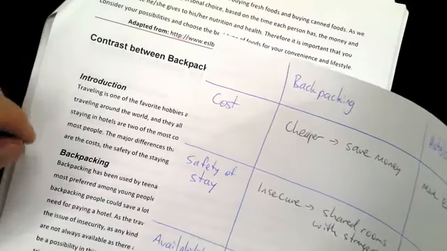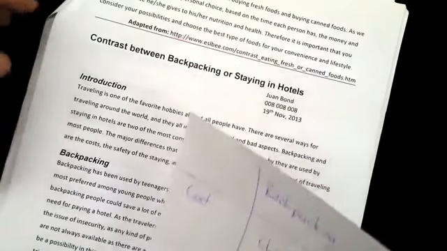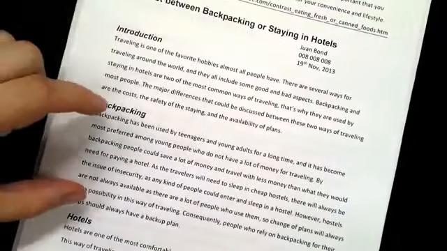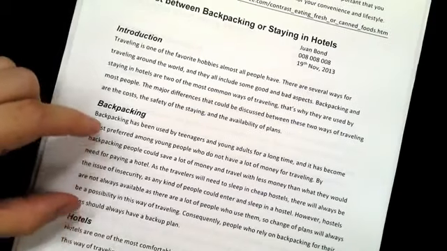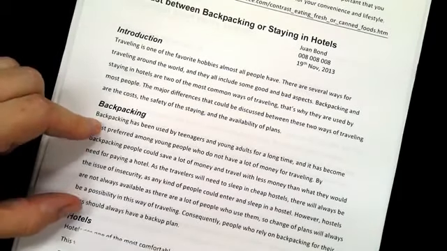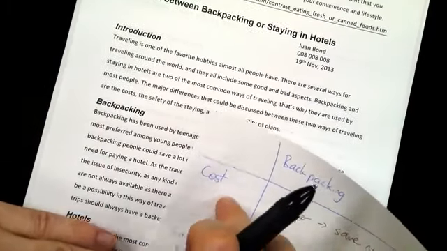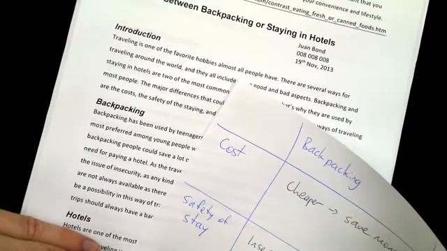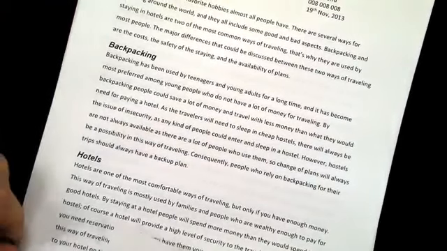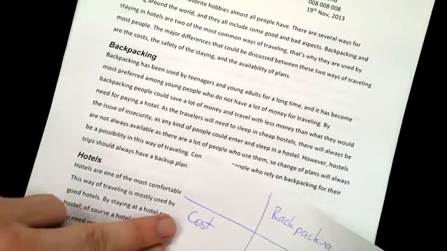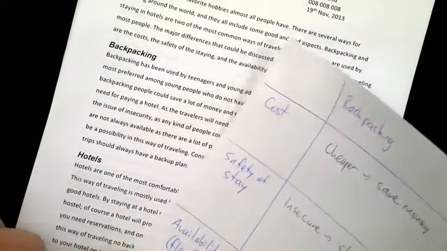Anyway, and so this time there are 2 paragraphs, backpacking and hotels. Backpacking, this paragraph talks about cost, safety, and availability. Hotels also talks about cost, safety, availability.